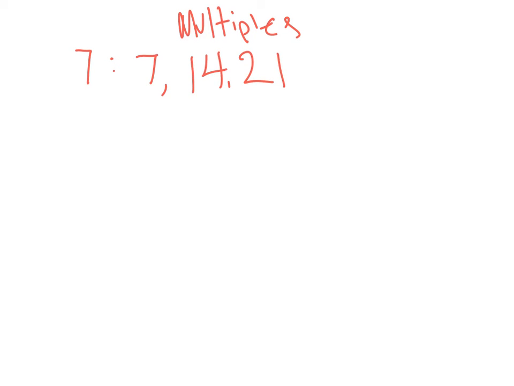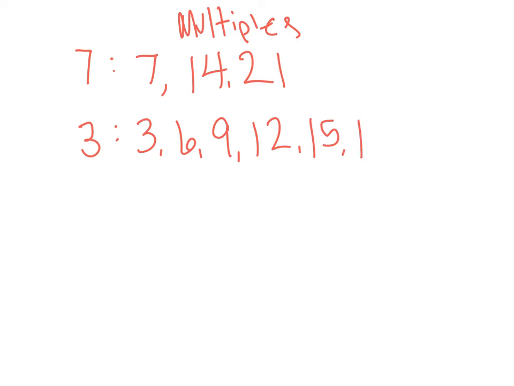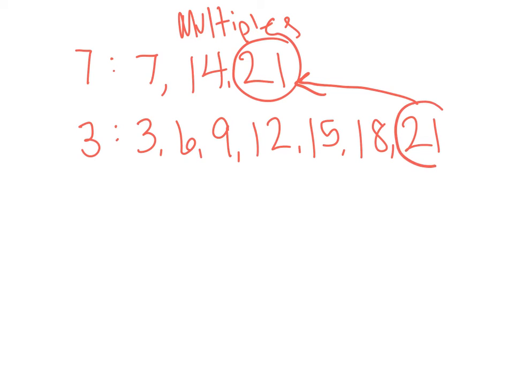Now let's find the multiples of 3. We have 3, 6, 9, 12, 15, 18, 21. Common. 21 is the first number, the lowest number, that is a multiple of 7 and 3.